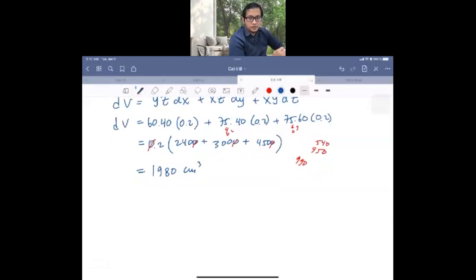This is the volume error from the measurement errors for each length.